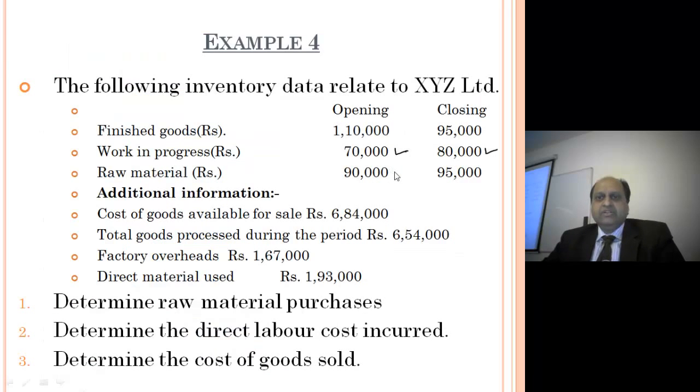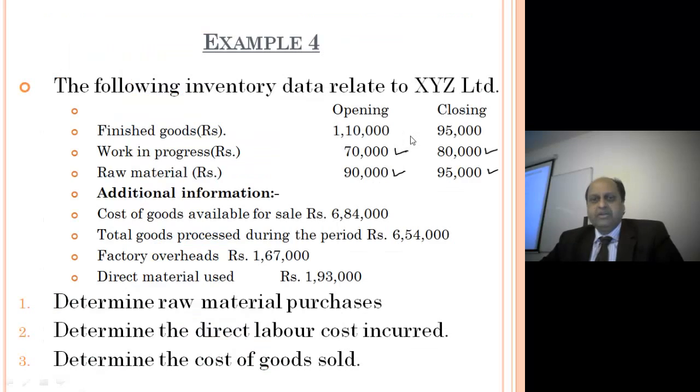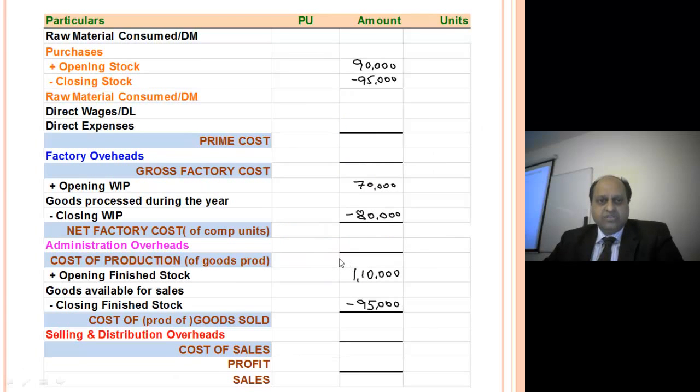Now, the raw material, it is 90 and 95. So opening is 90 and closing is 95. Okay. Now, cost of goods available for sale, 6,84,000.